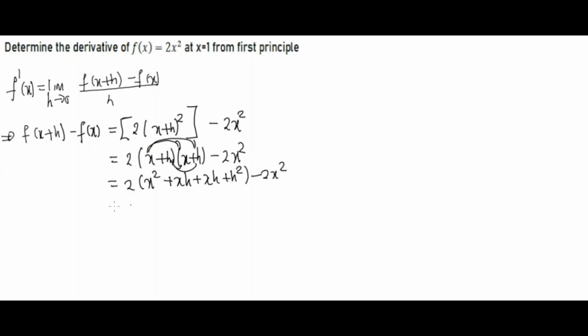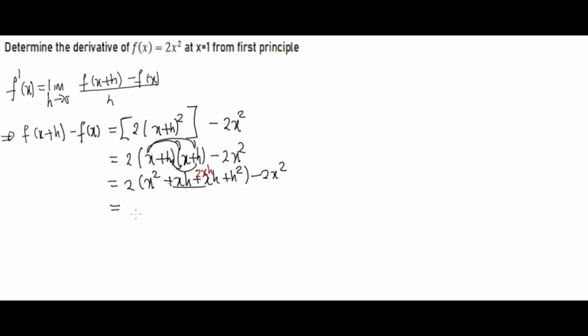So we'll have x plus h all squared minus 2x squared. x times x is x squared, and x times h is xh. h times x is xh. h times h is h squared, minus 2x squared. So xh plus xh is 2xh.